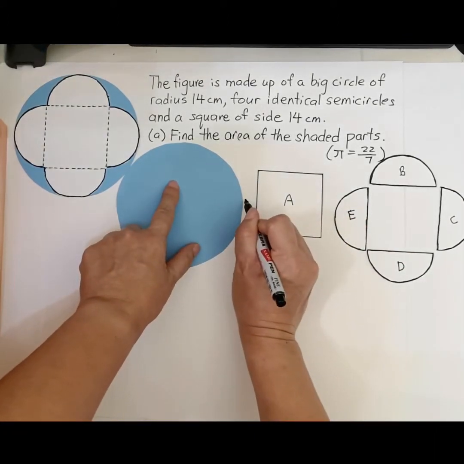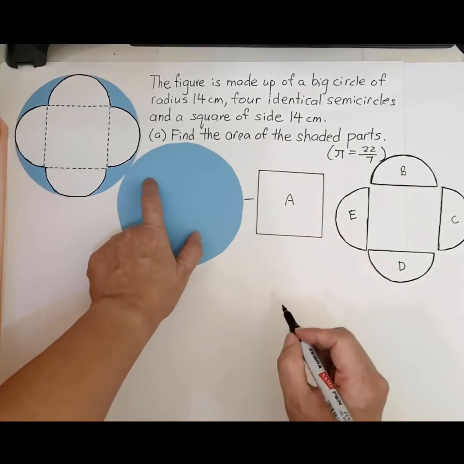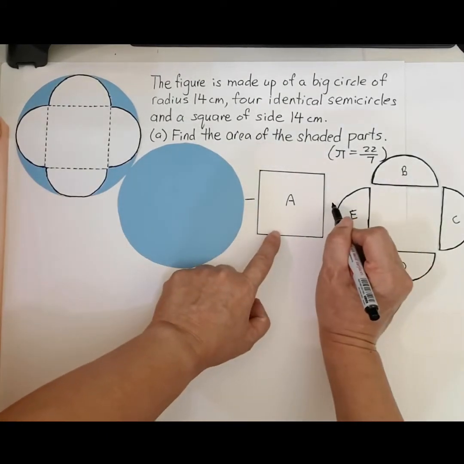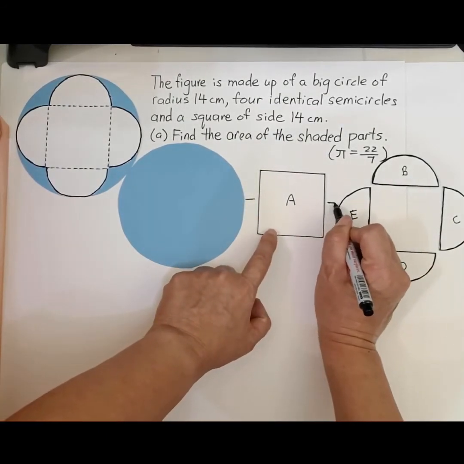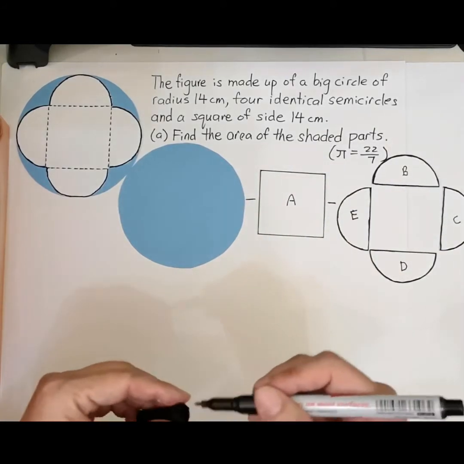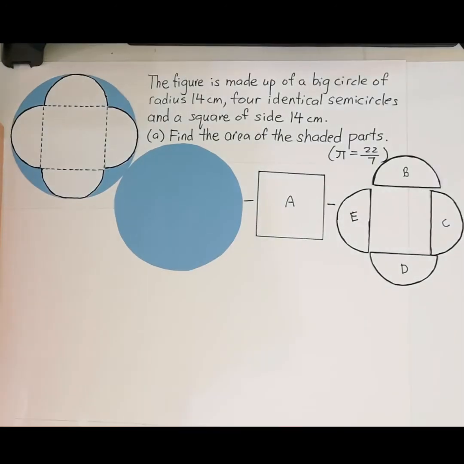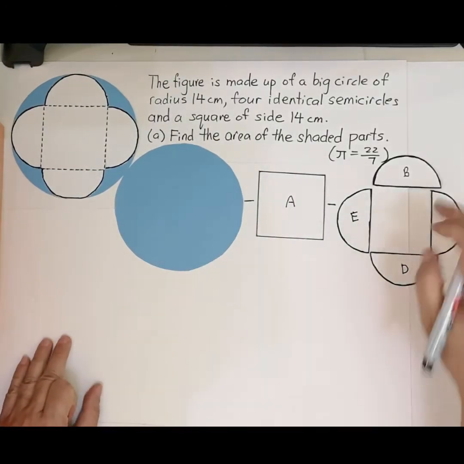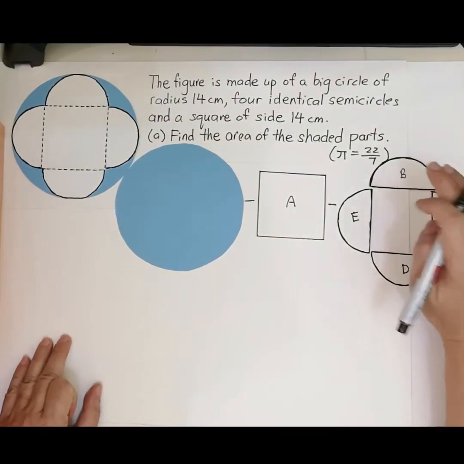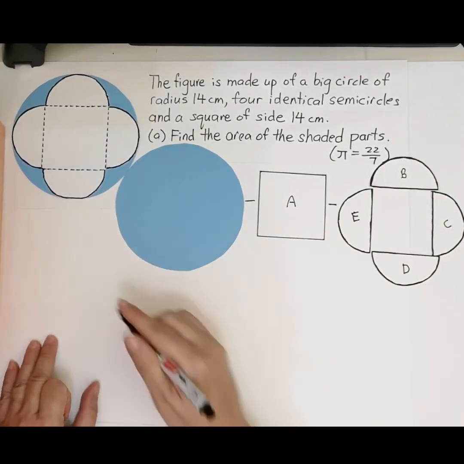Okay, so area of the big circle, take away the area of square A, take away the area of the 4 semicircles. Area of the big circle first.